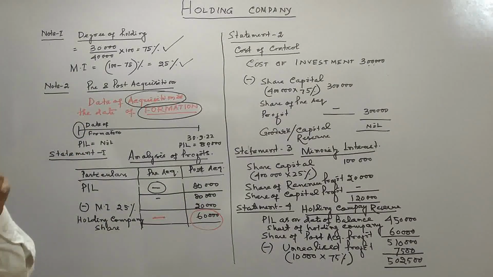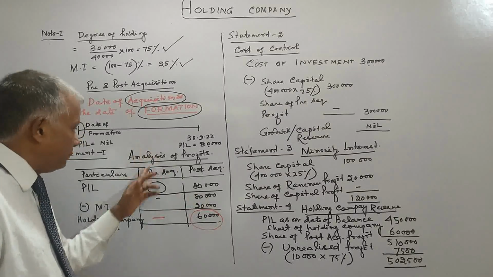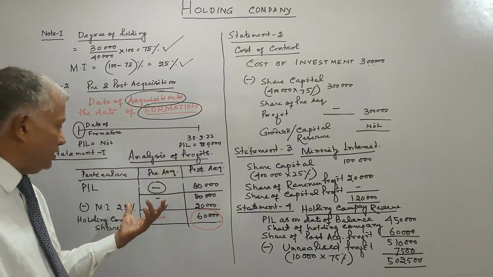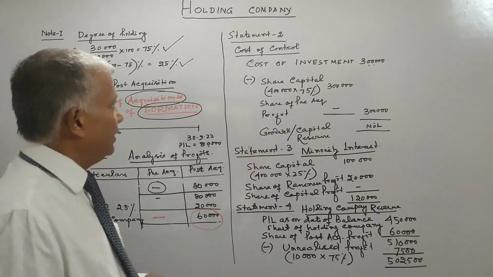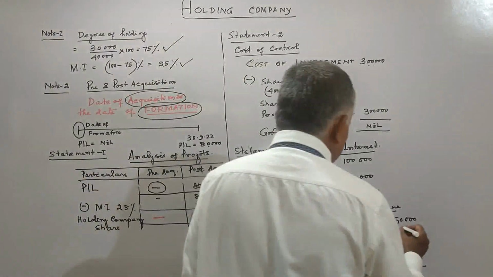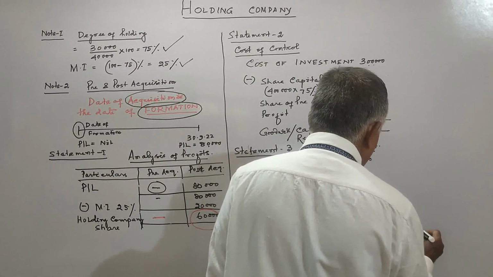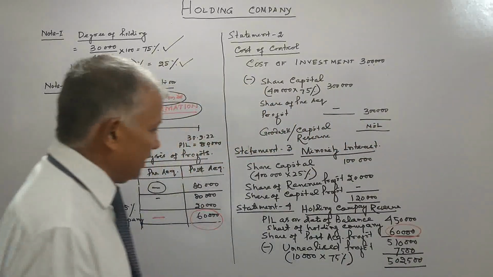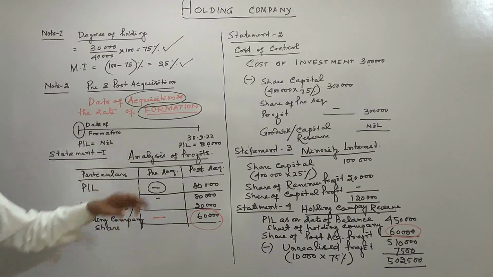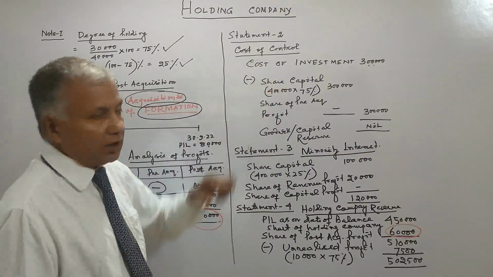The post acquisition profit is also called revenue profit, and pre-acquisition profit is called capital profit. Now this 60,000 revenue profit will go to statement 4, that is the holding company PL. Now let us come to statement 2, that is cost of control.